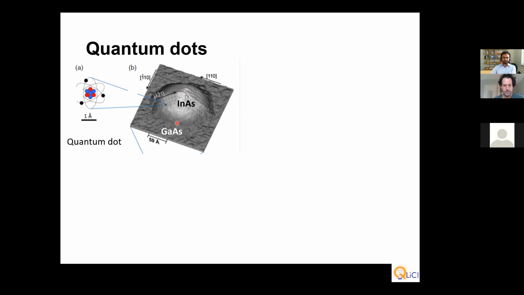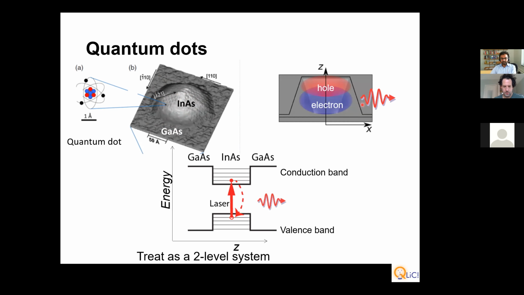In this particular case, it's 5 to 10 nanometers in size. And what you can do is essentially create an electron-hole bound pair, either optically or electrically. In this particular case, we'll talk only about how we can optically excite an electron-hole pair.